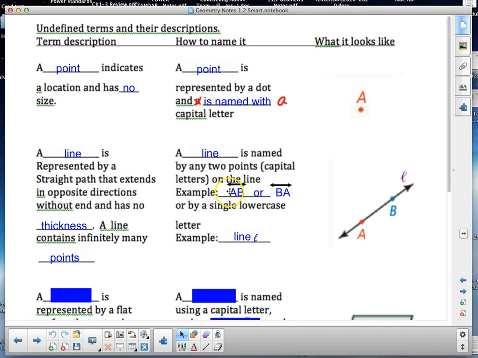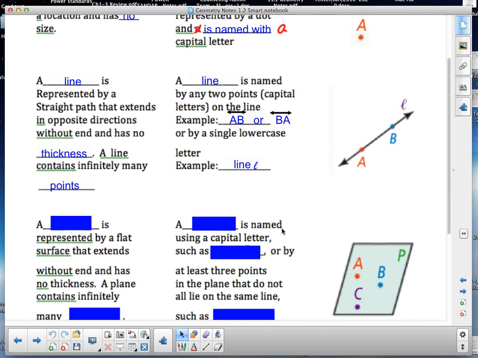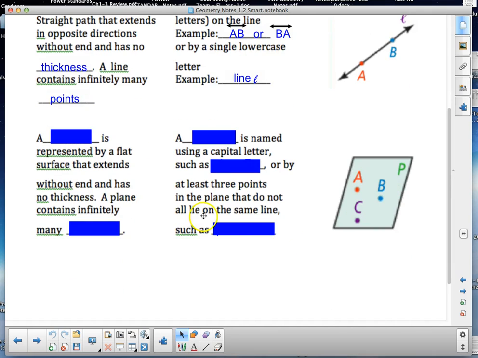Example, line AB, or we could say it's line BA, or by a single lowercase script letter, like this one here. This is an L, it's not an E. The example is line L. So keep in mind, this is a lot of basic notation you are expected to know how to use when you're reading tests, reading assignments, and just going through notes.